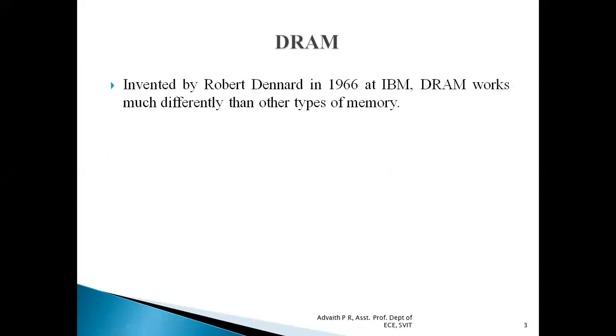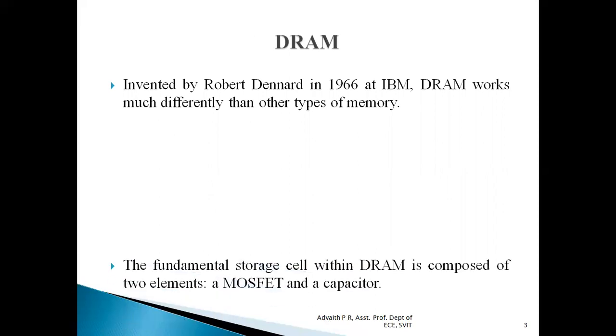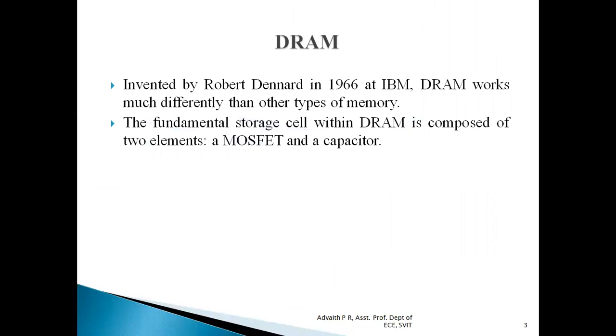DRAM was invented by Robert Dennard in 1966 at IBM, and it works much differently than any other types of memory units. The fundamental storage cell within DRAM is composed of two elements, a MOSFET and a capacitor.